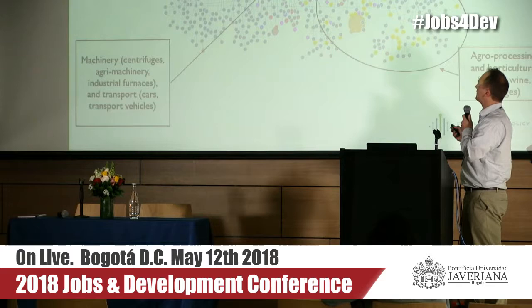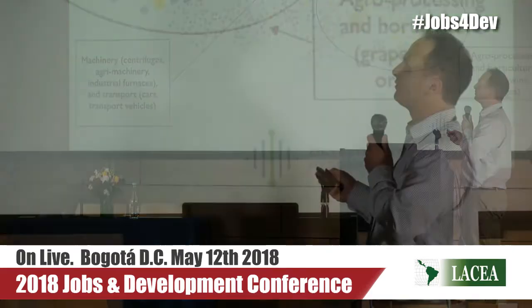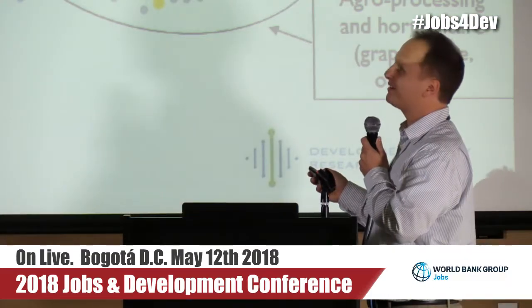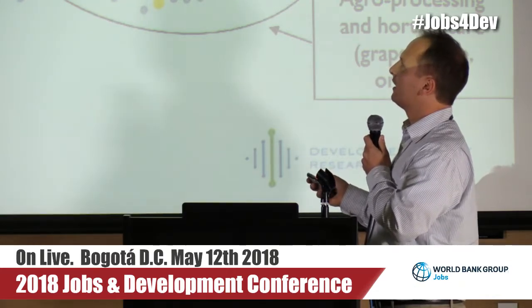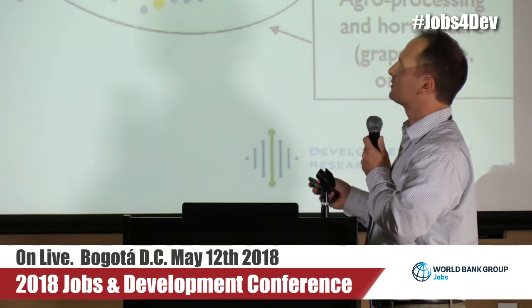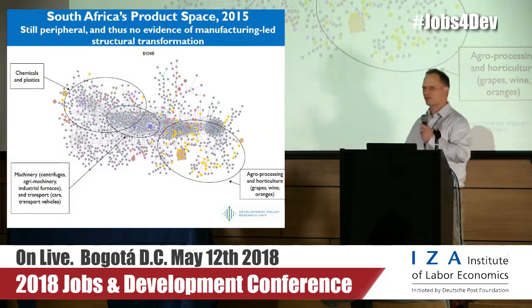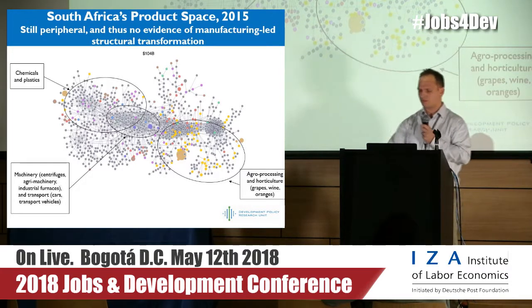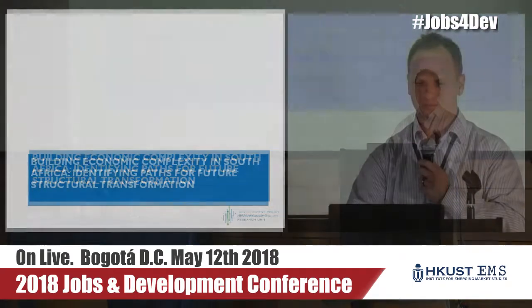But there is something happening in agro-processing and horticulture, so value-added agricultural goods. This is motor vehicles, and that's really government subsidies driving that, along with delivery trucks. And chemicals is still chemicals and plastics. So South Africa's productive structure hasn't really changed over that period of time, and still remains very resource-based.